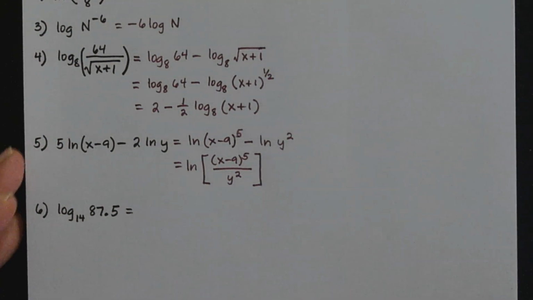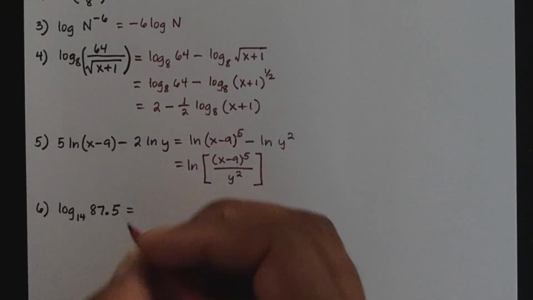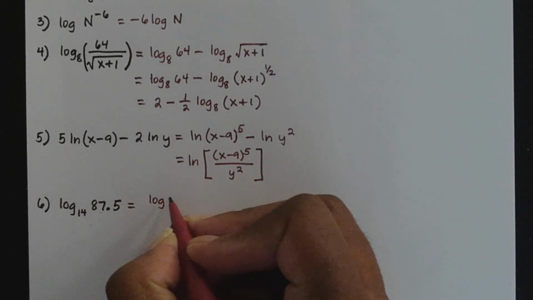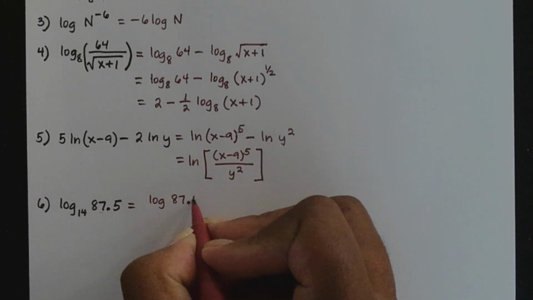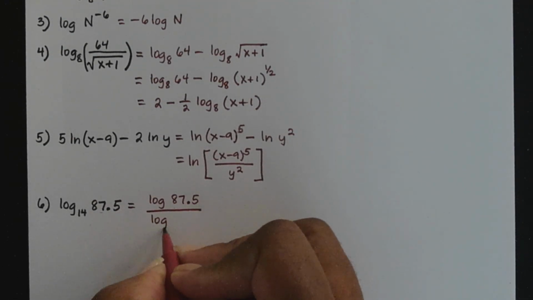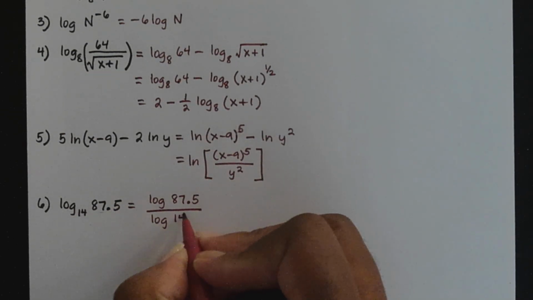So to use the change of base property, you could use either common logarithms or natural logarithms. In this case, I'm using common logarithms here. So here I'm going to write in the numerator the log of this argument right here, 87.5, divided by the log of my base, which is 14.